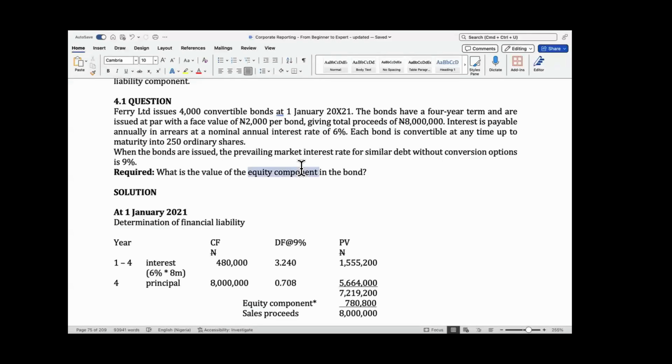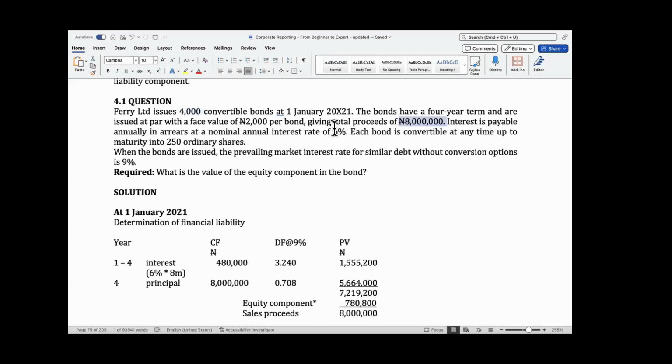What is the value of equity? Okay, so this question is direct. You will see that Ferry borrowed money. When they say issued, it means he borrowed money, on 1st January 2021. Each of these bonds is valued at 2,000 naira. If you multiply 2,000 by 4,000, that means the total money he borrowed is 8 million.